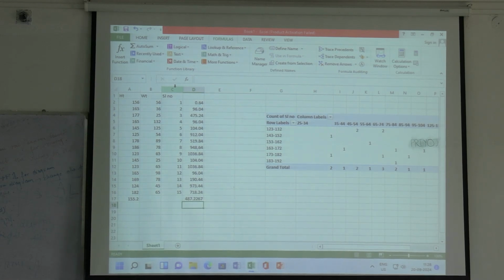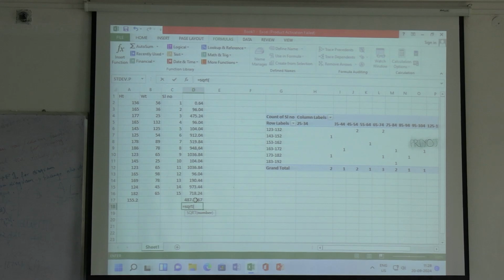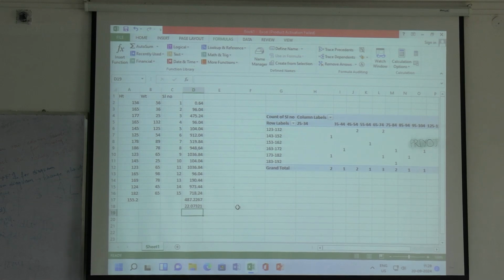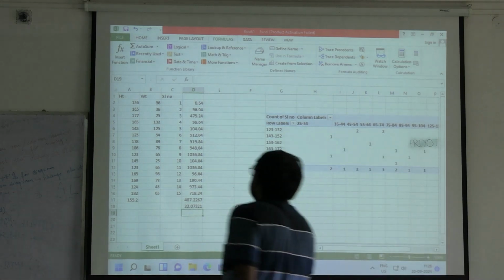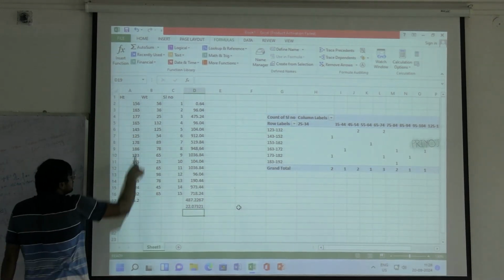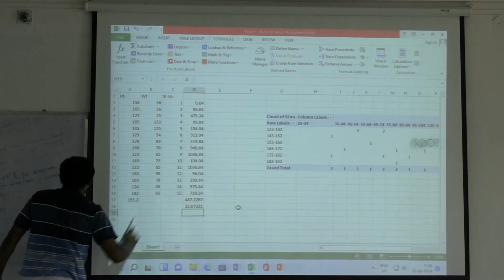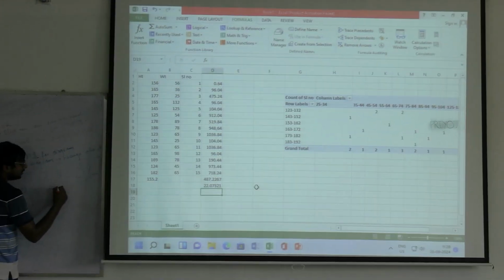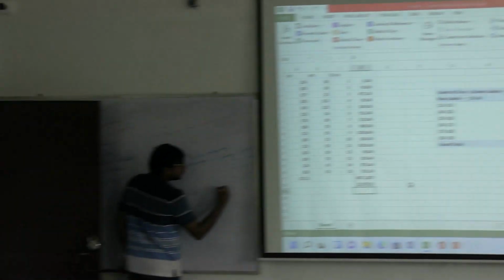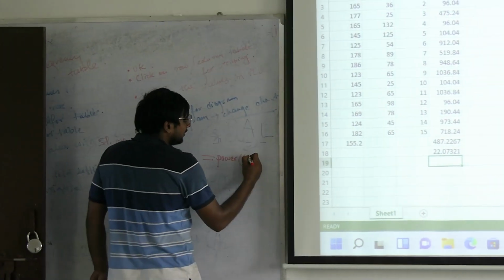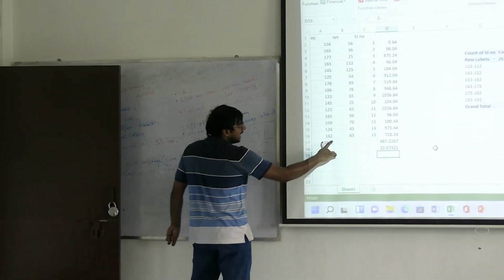Variance, standard deviation. What did I do here? These are the individual xi values. This is the x bar, correct? So what is this column? It is equal to power of xi, meaning whatever A2, minus x bar.